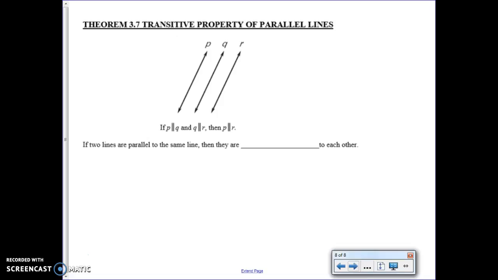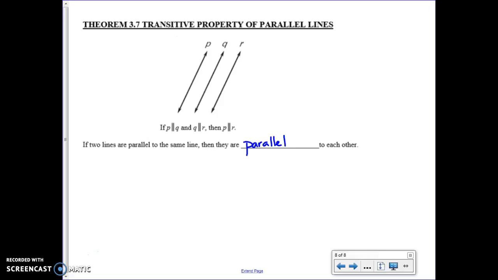All right, one last theorem for you. It says the transitive property of parallel lines. So think back to your transitive property that says if A equals B and B equals C, then A equals C. This property works very much the same. It says if two lines are parallel to the same line, then they are parallel to each other.